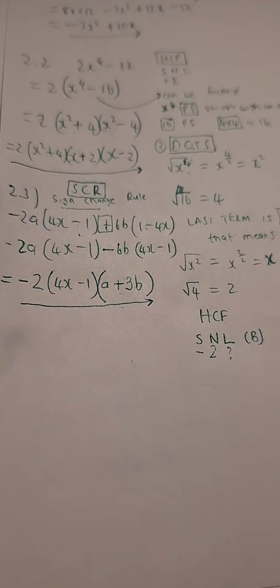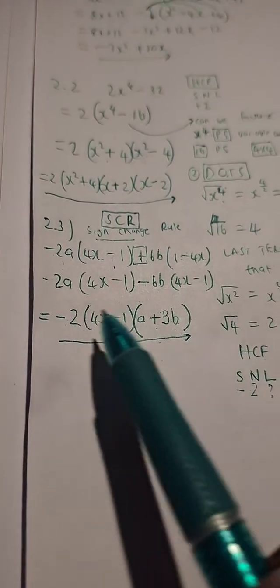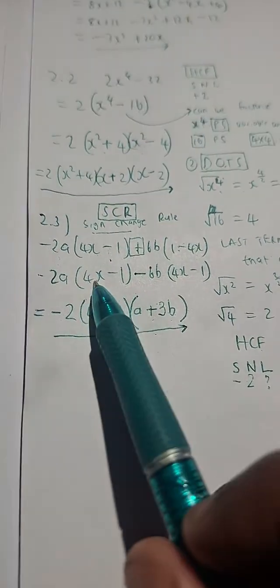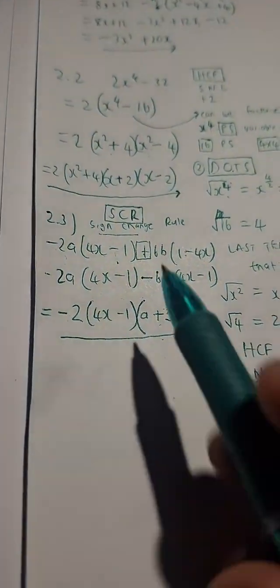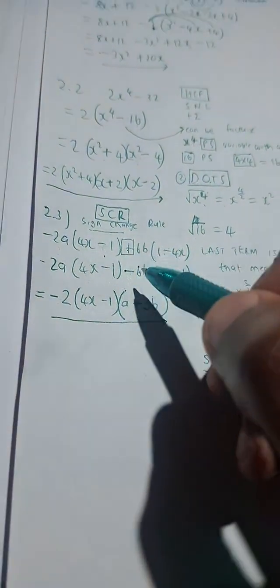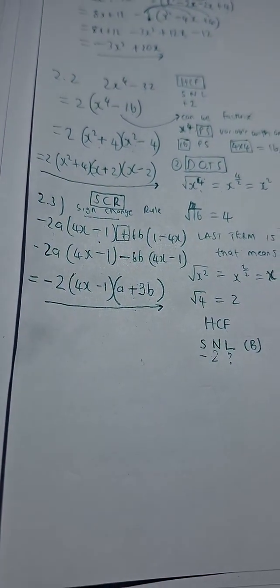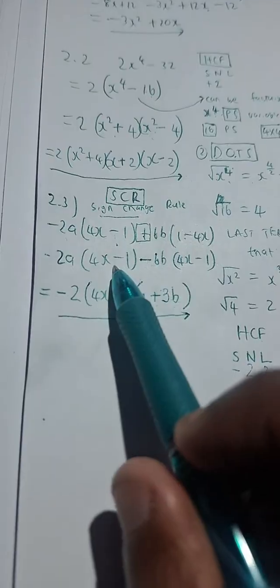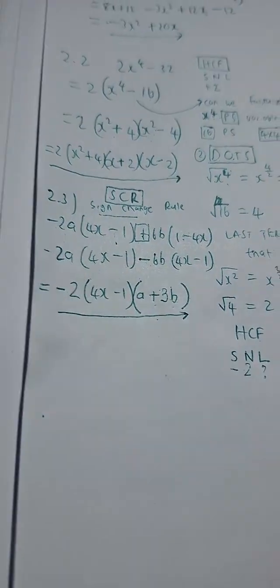Because I can promise you this, most of you learners do the following. Once you are able to change the sign, change the order, you see the common bracket and you get excited. So then you take out 4x minus 1. I know you guys do this.